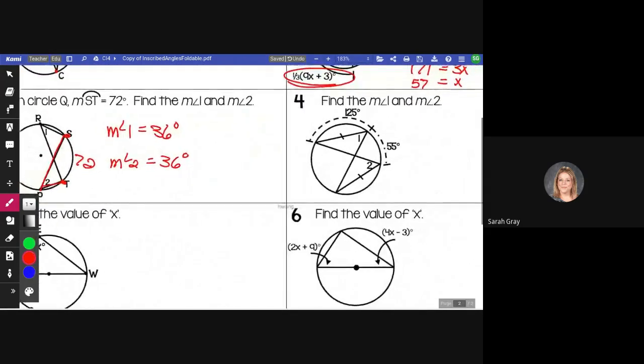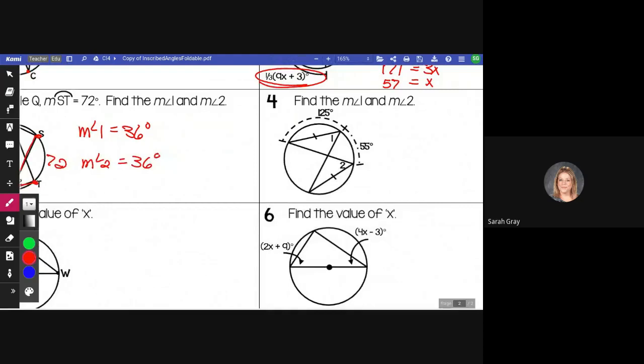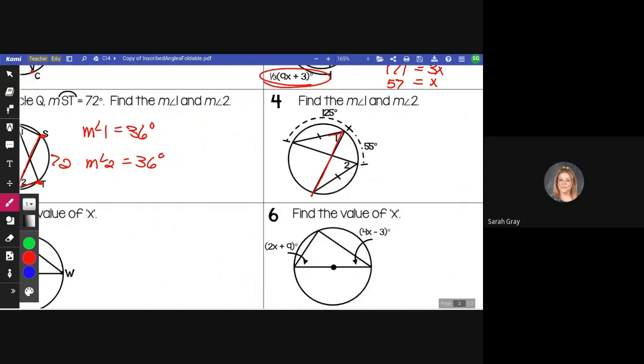Okay. Take a look at 4. Find the measure of angle 1 and angle 2. Sometimes there's a lot going on here. We've got angle 1 opens up to this arc. So that's the arc we're focusing on. Angle 2, it opens up to the exact same arc.